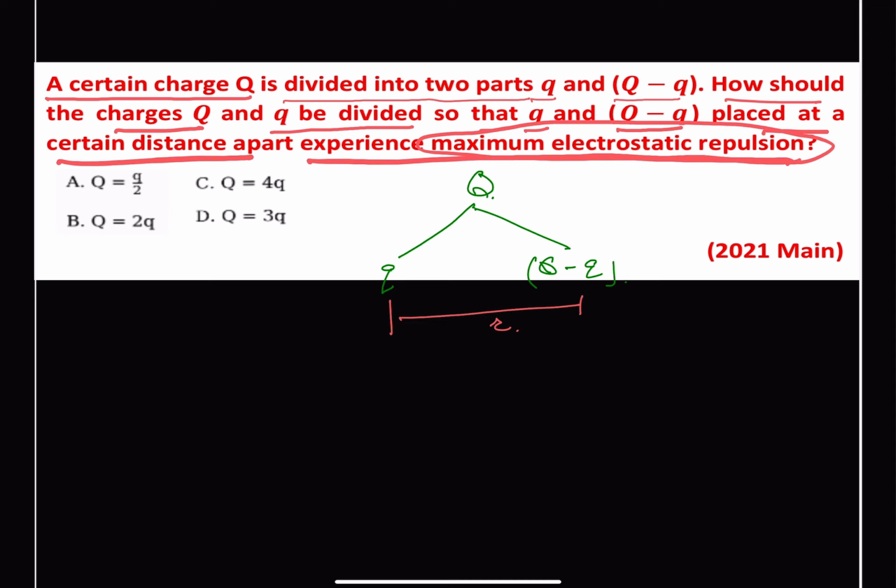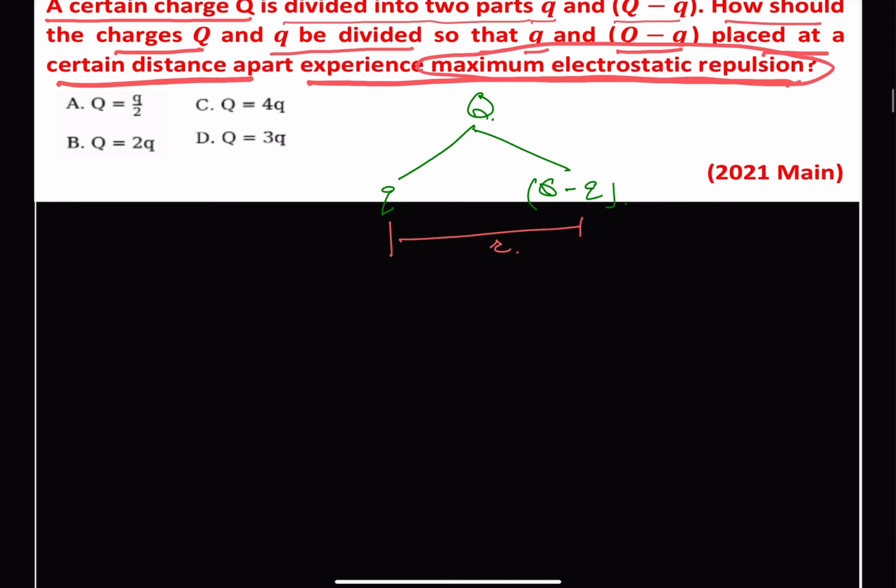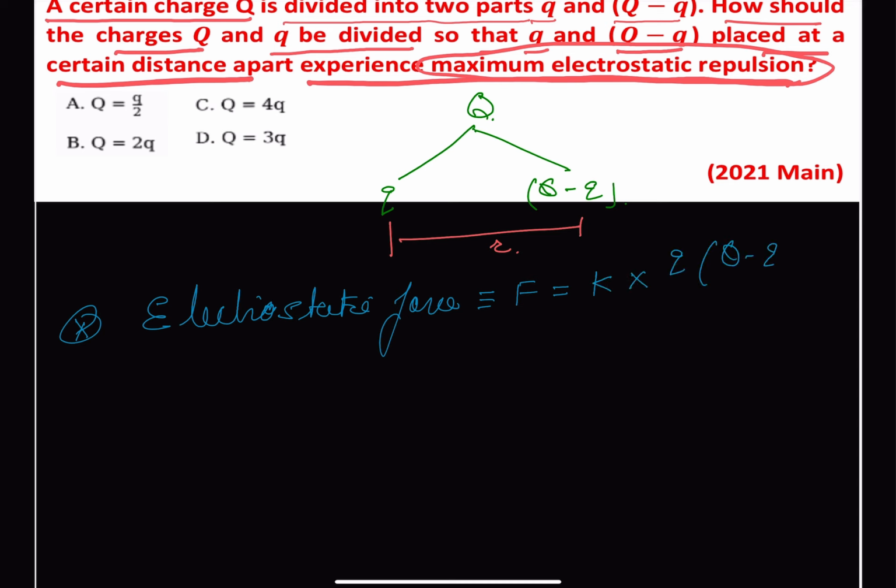So we can directly write the formula for the electrostatic force. The electrostatic force F will be equal to K multiplied by small q and capital Q minus small q, divided by r square. And we want F to be maximum.